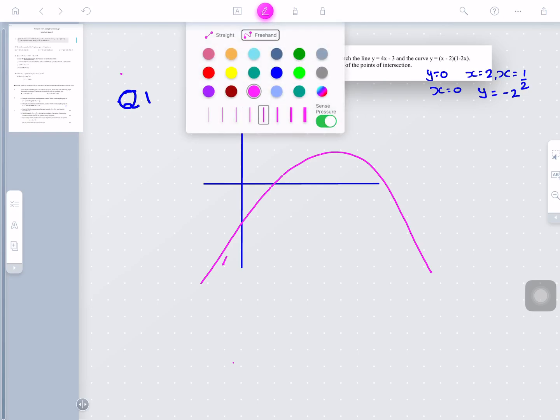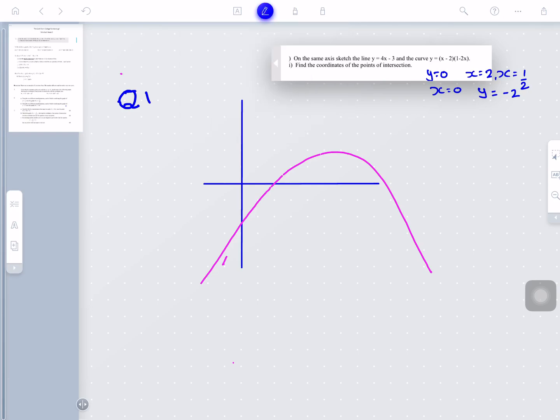That's better. And I'll extend the axis a bit. Okay, and then let's label it: that is negative 2, that's half, and that's 2.